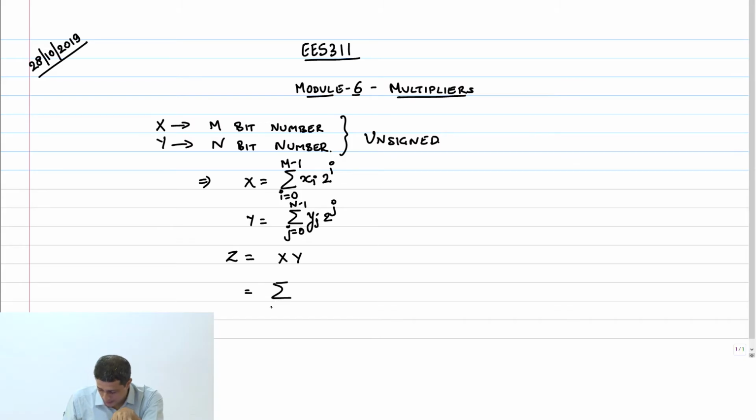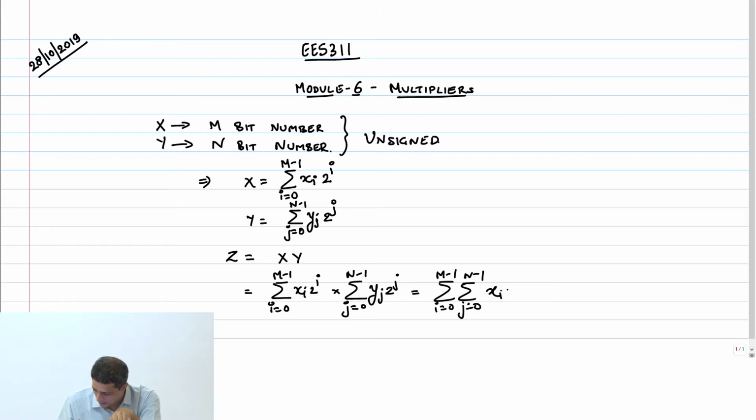This is the sum over i equals 0 to m minus 1 of xi 2 power i, into the sum over j equal to 0 to n minus 1 of yj 2 power j. This can simply be written as the sum over i going from 0 to m minus 1, j going from 0 to n minus 1, of xi yj into 2 power i plus j.